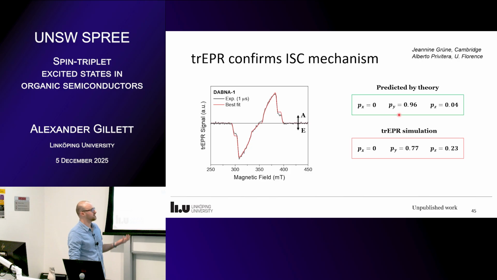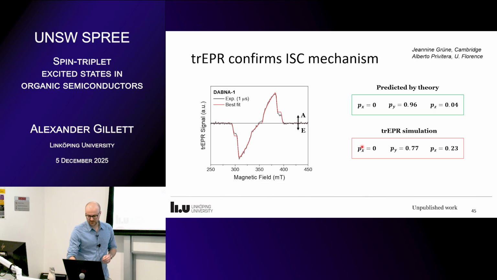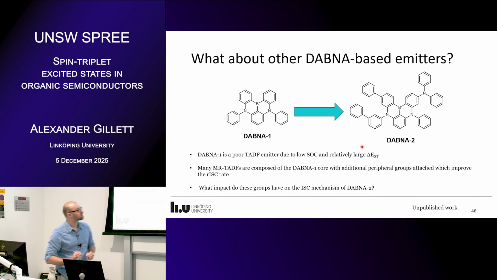If you remember, by theory our collaborators predicted dominant coupling into TY, a little bit into TZ, and nothing into TX. And indeed, when we simulate our EPR spectrum, we see the same thing: dominant into TY, a little bit into TZ, nothing into TX. So I think it's a really nice way of experimentally confirming that our calculations are somewhat accurate. We can see the vibrations, and we can see their effect in the EPR spectrum, which seems to be consistent with what we think.